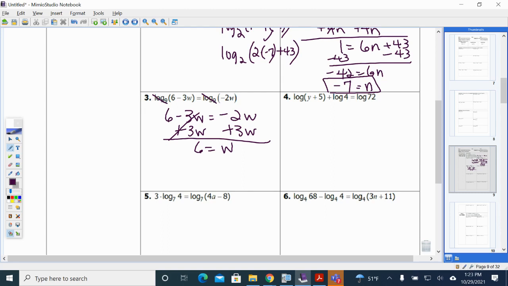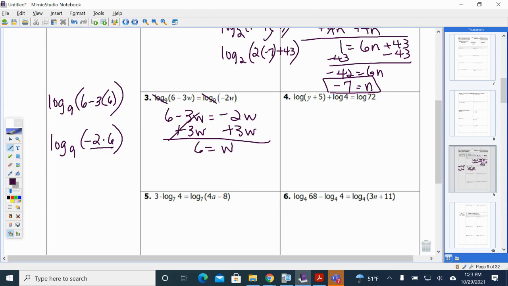So, log base 9 of 6 minus 3 times 6. And that's supposed to match the right side, log base 9 of negative 2 times 6. Now, just words of wisdom here. When I look at this myself, negative 2 times 6 is negative 12.